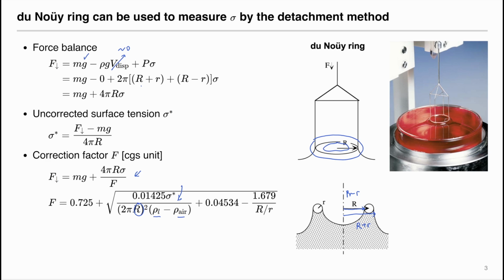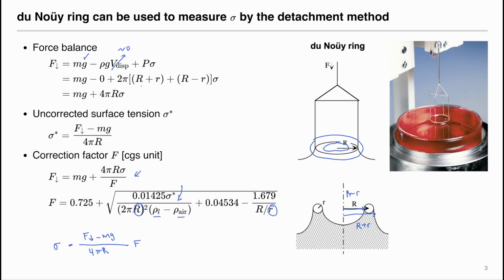The correction factor is also dependent on the ring's radius, small r. And after having this correction factor, the surface tension that is closer to the experimental prediction is equal to the downward force minus mg divided by 4 pi R, and then the correction factor multiplied.